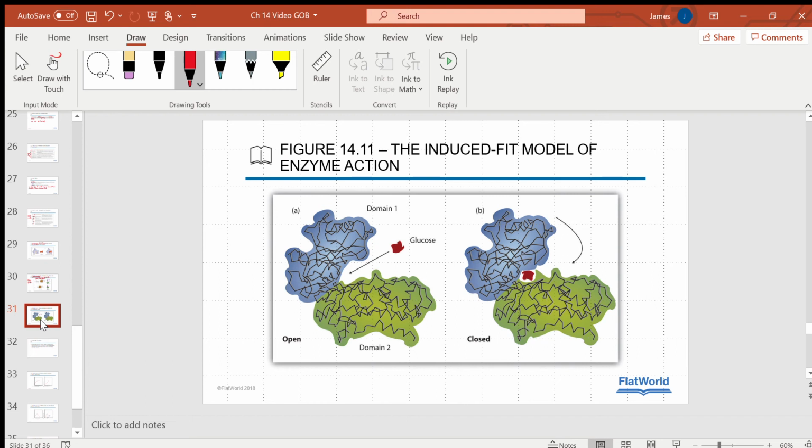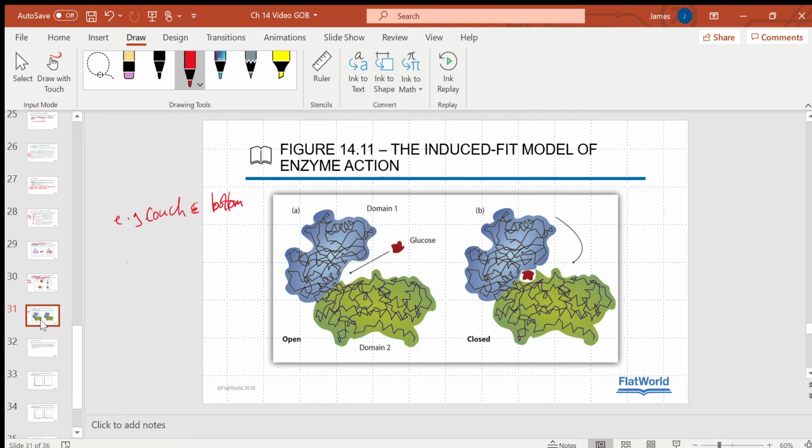So there's the lock and key way of thinking of things. There's the induced fit model way of thinking of things. I like to think of this as the couch and derriere model. So I'm going to call this the couch and I'm going to say bottom because I don't know how to spell derriere.